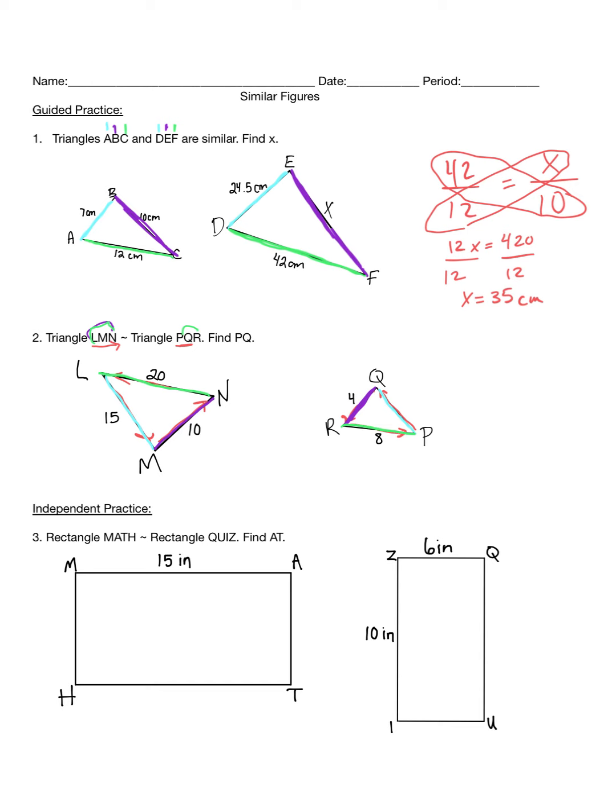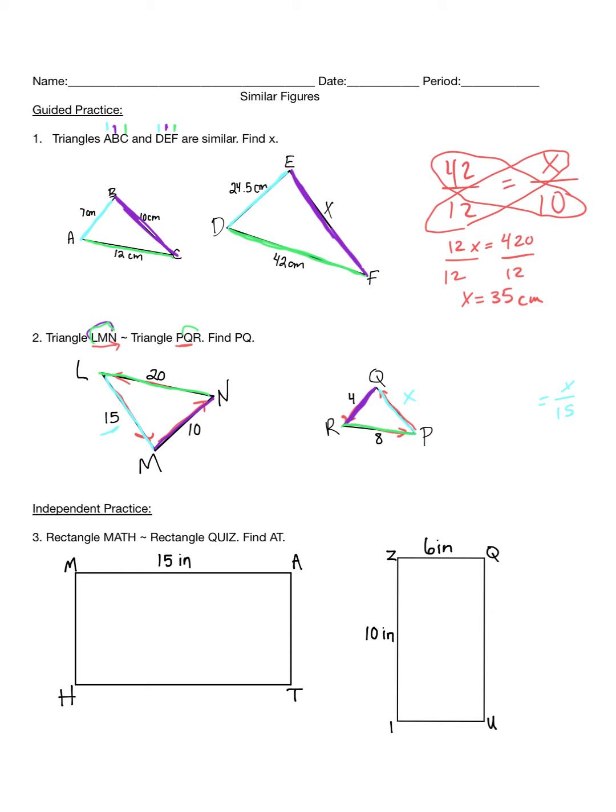So, we need to find QP. That's our teal color. So, we're looking for the X over here. Now we can see that that X is going to line up with that 15. Okay. So, let's go ahead and put X over 15 is going to be equal to, let's just pick another similar side.